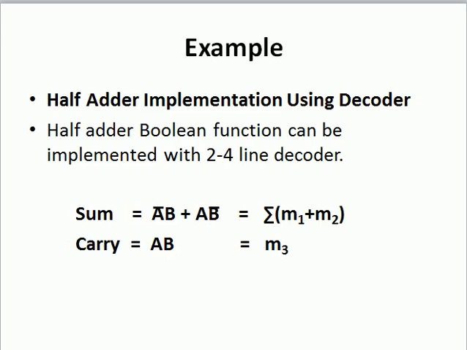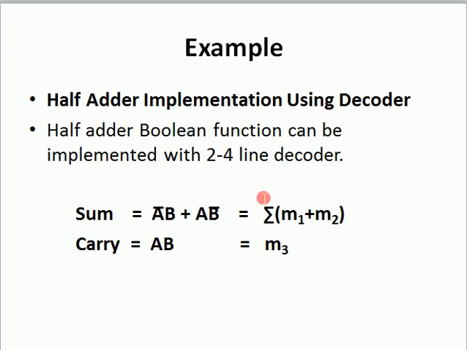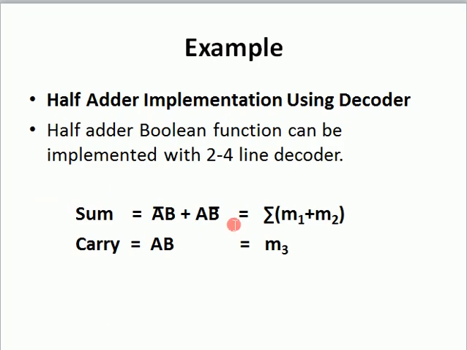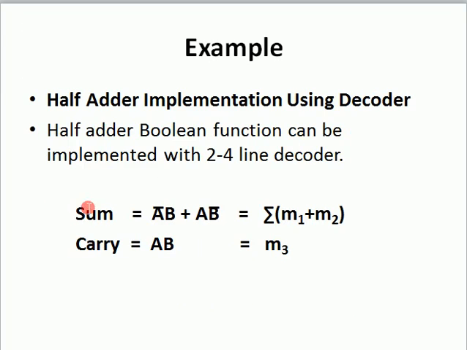So when we implement it, here is the 2 to 4 line decoder. The 2 inputs are A and B, and 1 is the enable input. Then you see here we have M1 and M2 for the sum. Here we have the outputs D0, D1, D2 and D3. As we have M1 and M2, it means D1 and D2 will be the outputs we use, and both are ORed with each other.